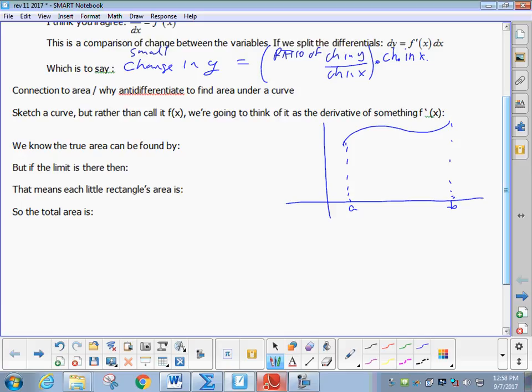Well, here's the thought process. Genius, and I'm talking Newton and Leibniz, said, all right, I can use this calculus stuff. Check this out. Rather than name this curve f of x, which I did when I took the limit, when I said rectangles have width delta x, and the heights are f at some x, and I'm summing them all, and taking the number of rectangles to infinity.